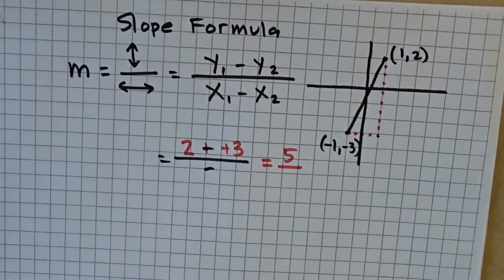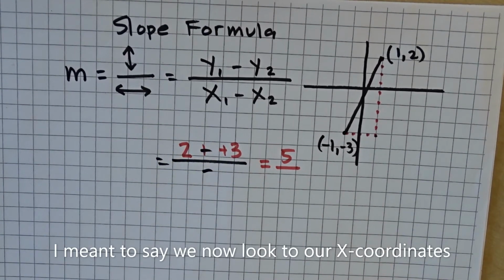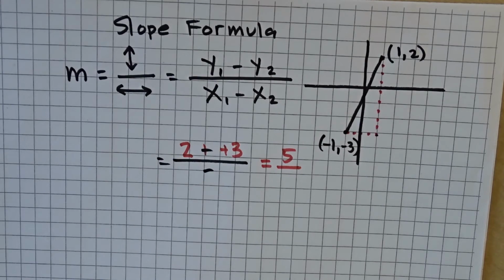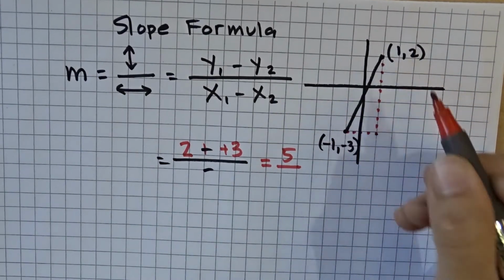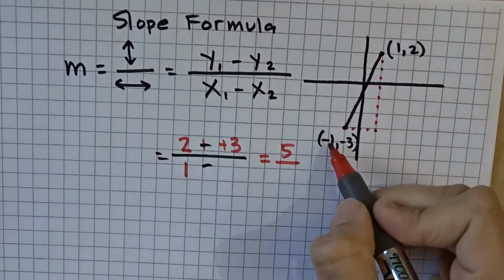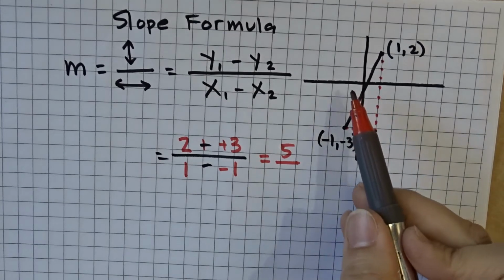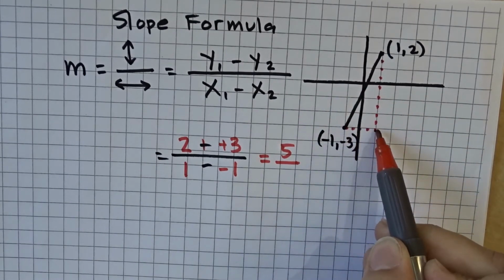And now I want to know the horizontal distance. The horizontal distance means I'm going to be looking at my x coordinates. So to look at your x coordinates, those are -1 and 1. So this would be my first point, second point. So I'm going to start with 1 and then -1. Now if I ask you, how far is it from -1 to +1?